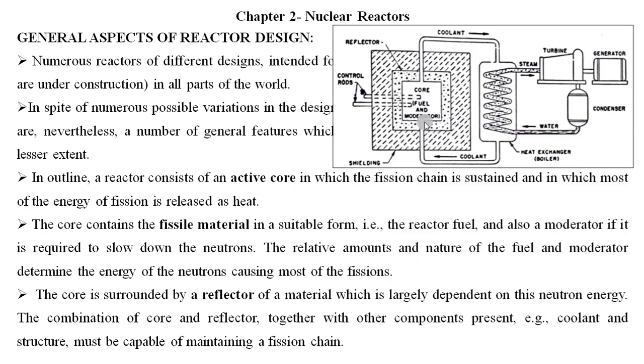In this diagram, you can see the general design for the reactor, and the reactor consists of an active core. This is the active core in which the fission chain is sustained and most of the energy of fission is released as heat.